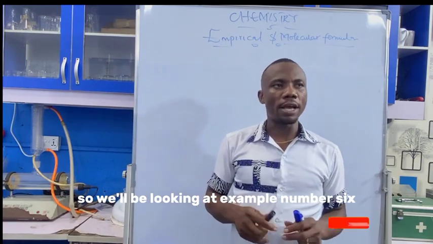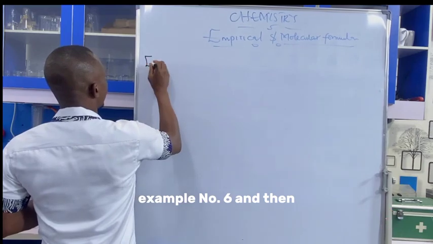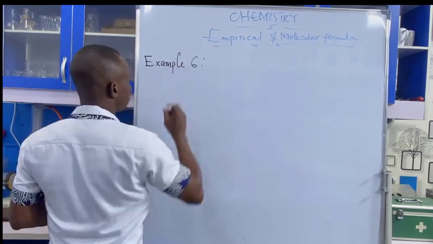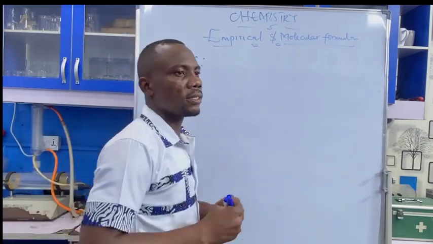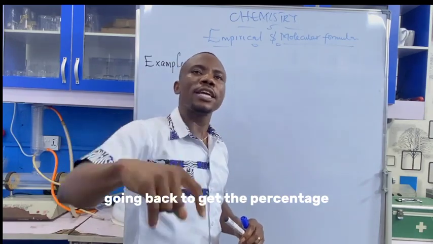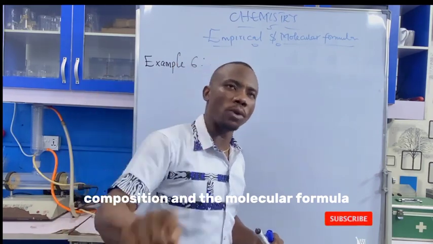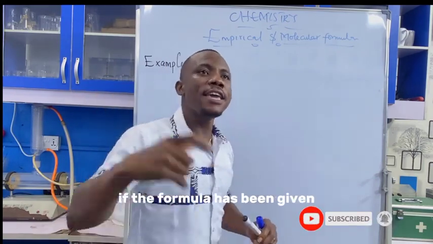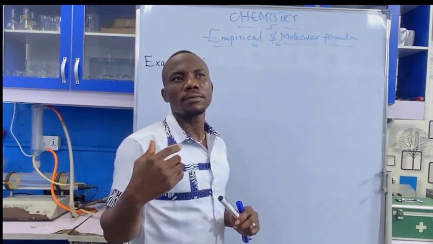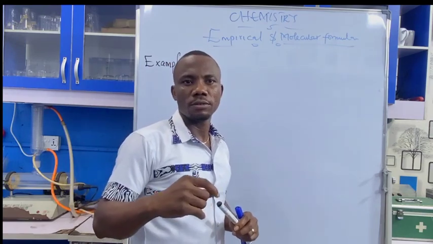So, looking at example number 6. This is about going back to get the percentage composition when the formula has been given. Before, we were moving from the unknown compound to the known.